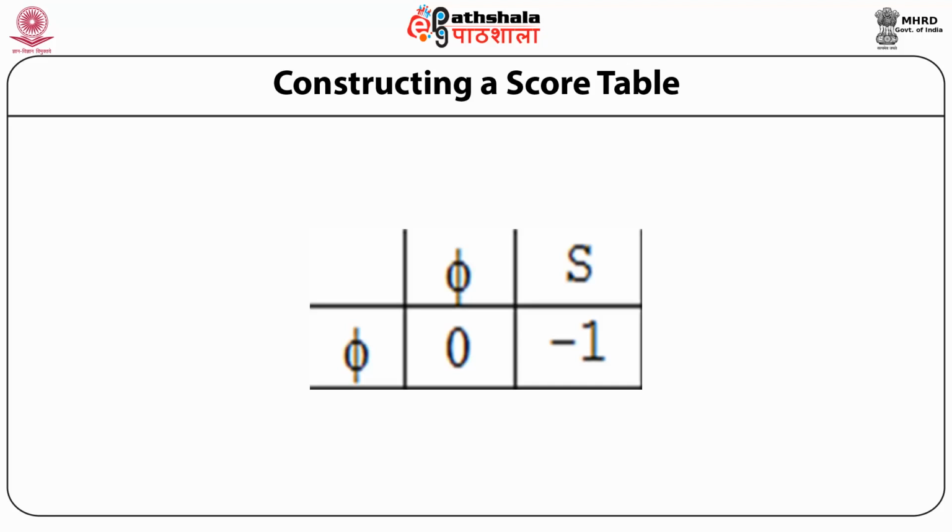Since aligning a gap with the residue has a score of -1, in this alignment we add -1 to the score written in the left cell. The score in the left cell is 0, therefore -1 is added to 0, which gives sum total to -1. Therefore -1 is written in the second row, third column.